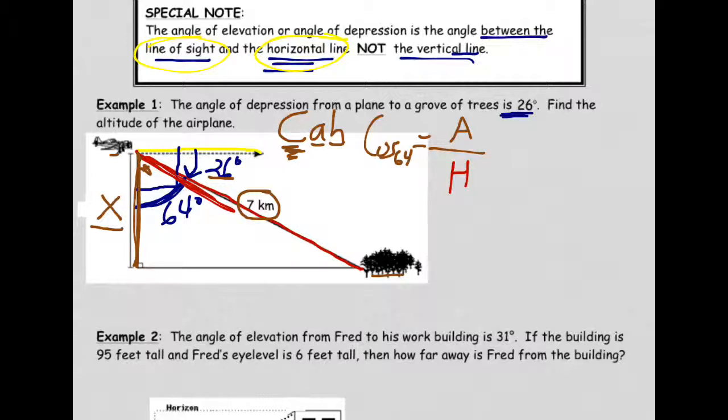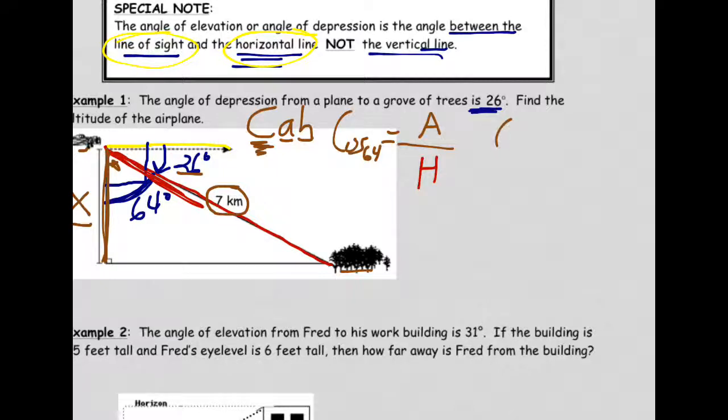Let's write that out as cosine of 64 equals my adjacent side, x, over my hypotenuse, which was my 7 kilometers. So now I just cross multiply. 7 times the cosine of 64 is just 7 times cosine of 64. That's it.